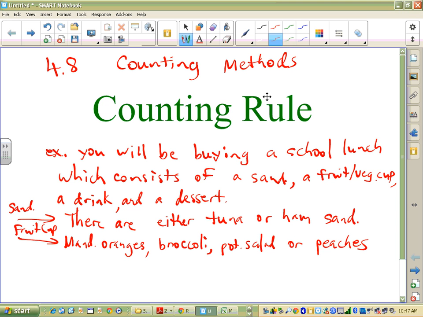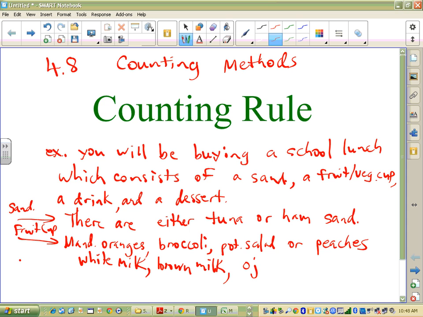The drink, you could get some white milk, or you could get some brown milk. I'm not going to call that chocolate because that's not chocolate what they put in there. So you get some white milk, some brown milk, or some OJ.